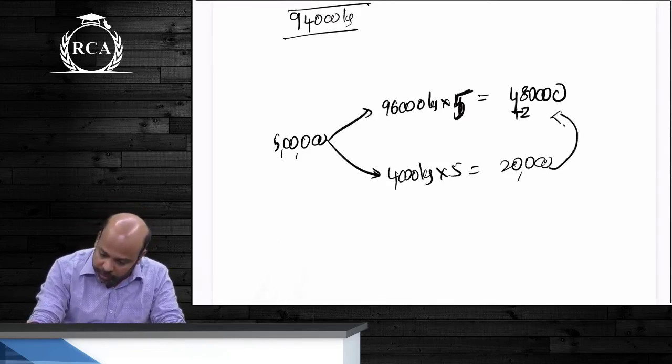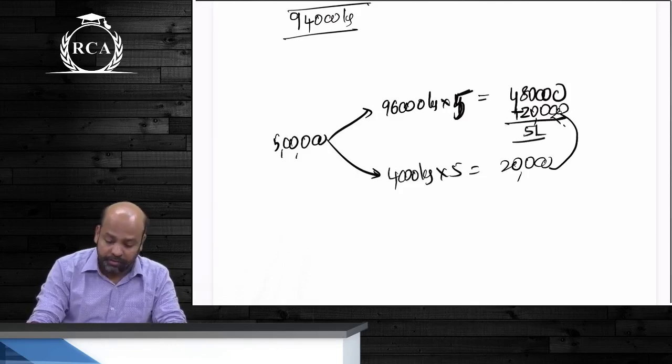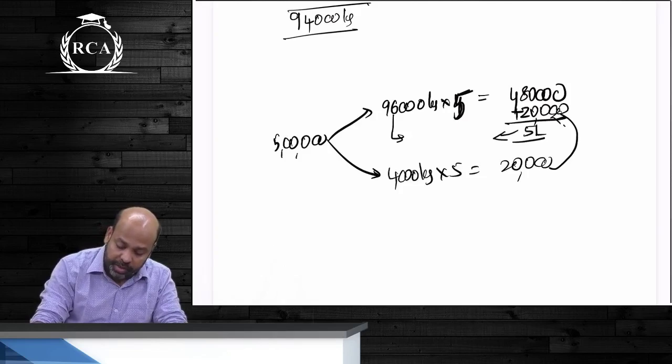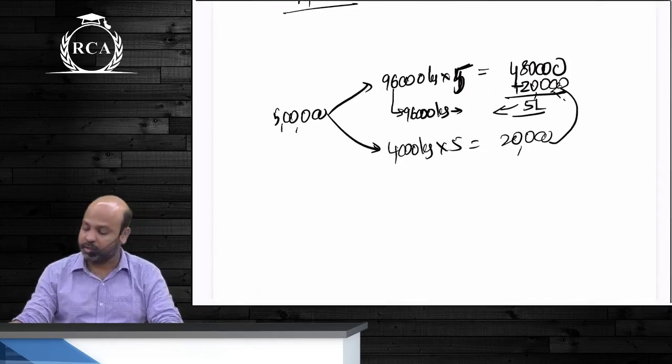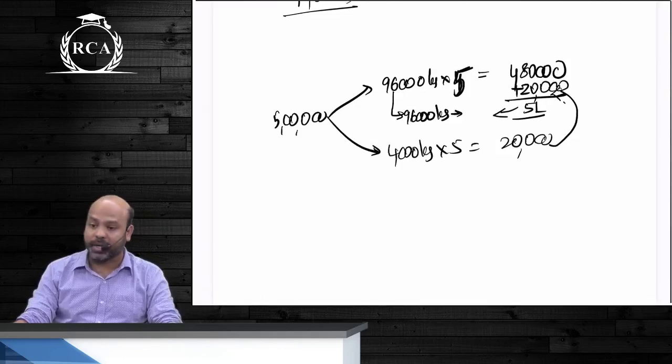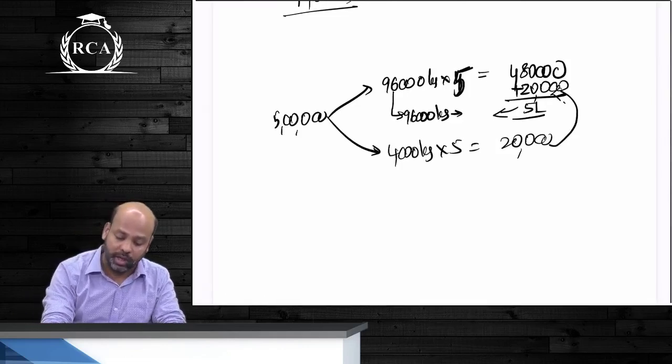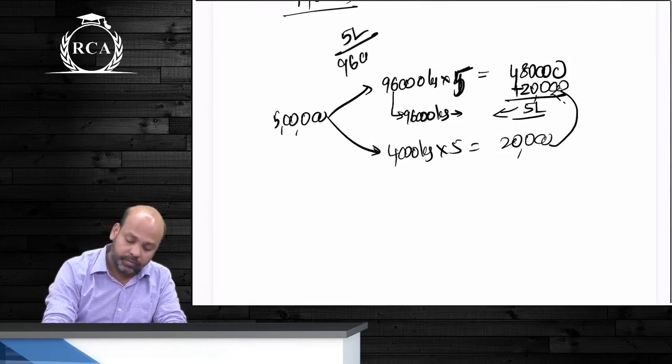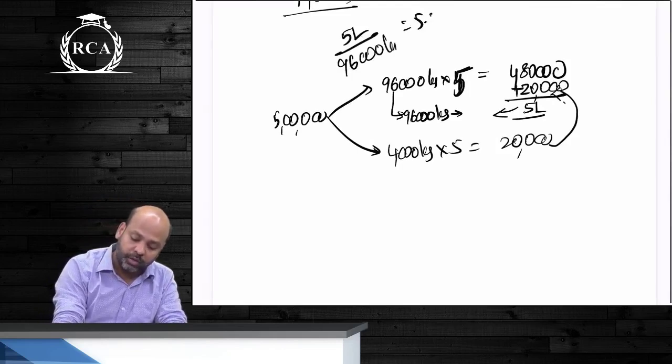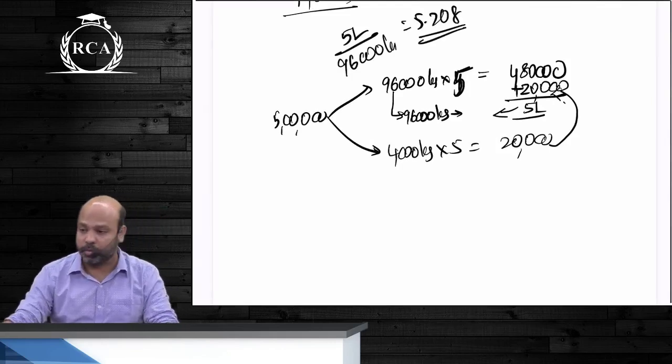Meaning the cost of remaining units will be increased by 20,000. That 5 lakh rupees will now become the cost of how many kgs? 96,000 kgs. What will be the cost per kg? 5 lakhs divided by 96,000. How much will that be? 5.208. This will become the cost of normal loss.